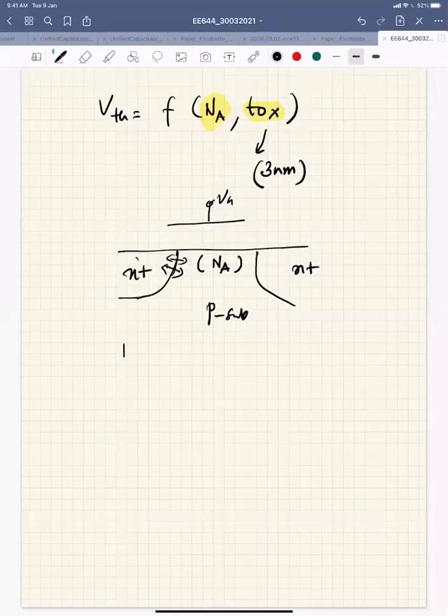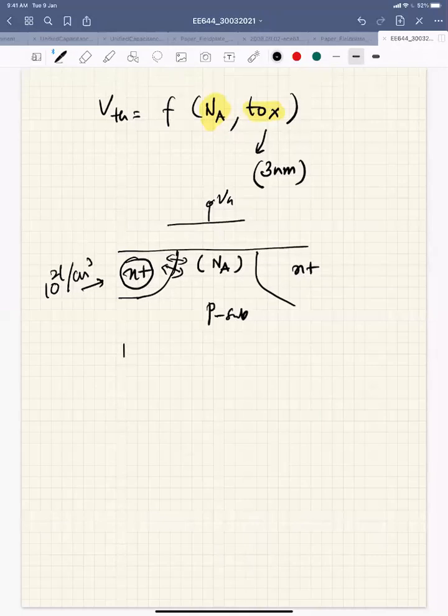Because N plus is fixed, very highly doped, maybe around 10 to the 21 per centimeter cube. But if you increase your Na, your substrate doping, then that barrier is higher, right? Since this barrier between the source and substrate junction is already higher, you need to apply a higher gate voltage for the electrons to be injected from N plus, the source and drain, into the channel.